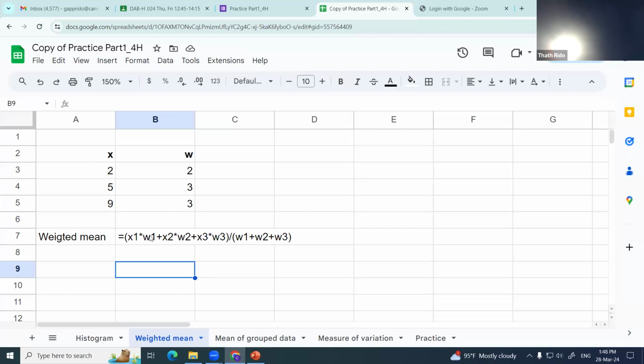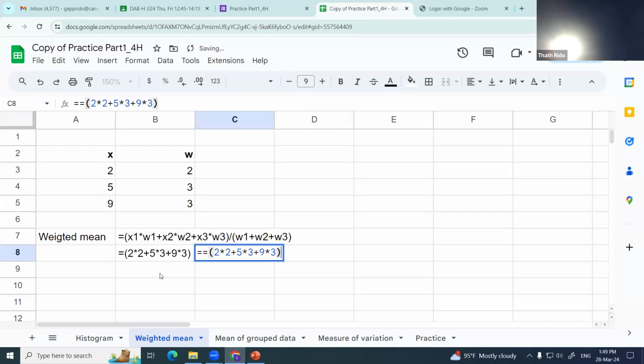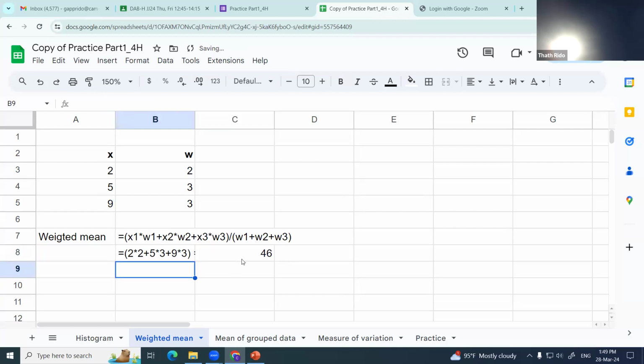So weighted mean in this case is 2 times 2 plus 5 times 3 plus 9 times 3. So the answer is 46. But no one is going to use this way to find the weighted mean. I just try to show you that the computer will do this for us.